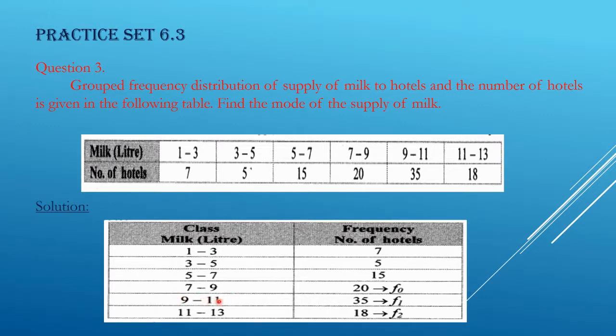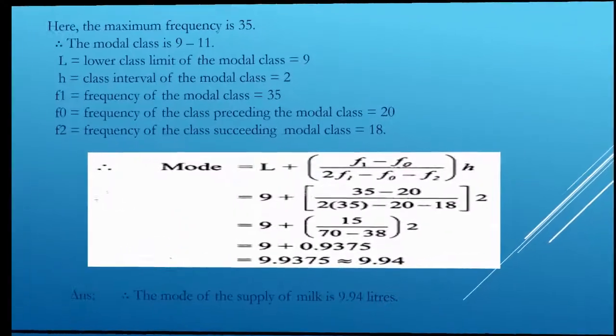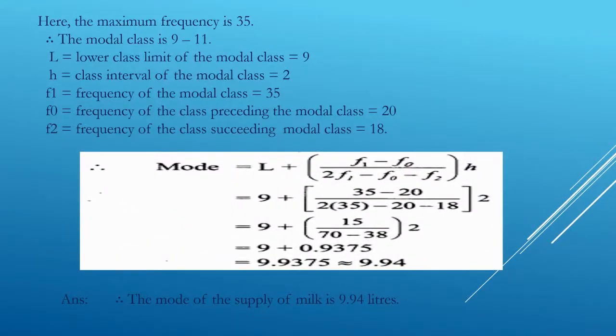And the maximum frequency F1 is equal to 35. The frequency preceding the modal class, F0, is equal to 20. And the frequency succeeding the modal class, F2, is equal to 18. Here the maximum frequency is 35.